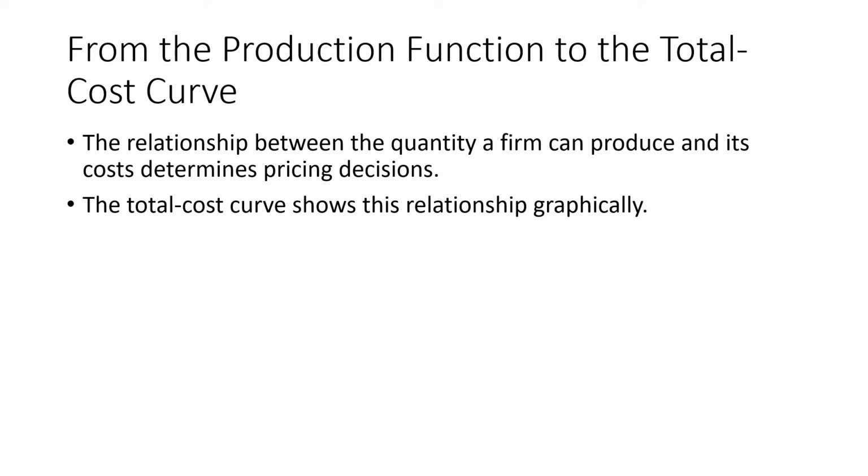Now, how does this production function relate to the cost? As I explained previously, the relationship between the quantity a firm can produce and its costs determines the pricing decision. And how? Let us see that.